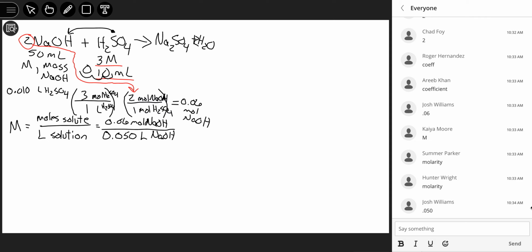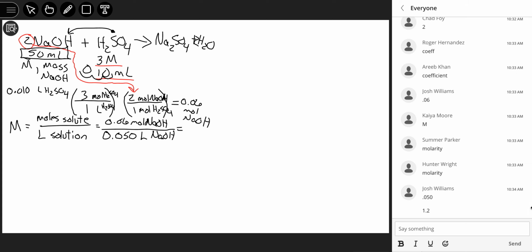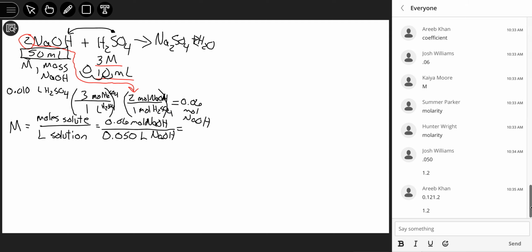Okay, and that's coming from this information that they gave us. So we just converted that to liters. So what's the molarity of sodium hydroxide in this case? 1.3. Or is that 1.2? 1.2, okay?